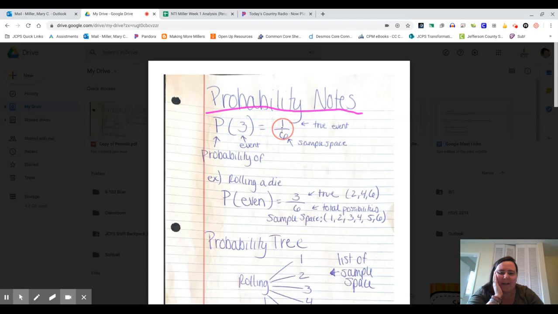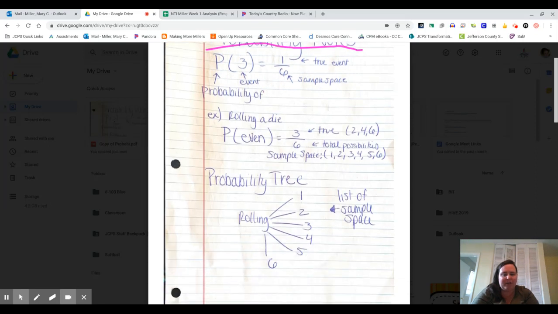You are going to set it up as a fraction. The numerator is going to tell you the true event. This fits exactly what it's asking you for, this probability of whatever. Then 6 is the sample space. When you list all of the possibilities of rolling a die, your sample space would look like this: 1, 2, 3, 4, 5, 6.